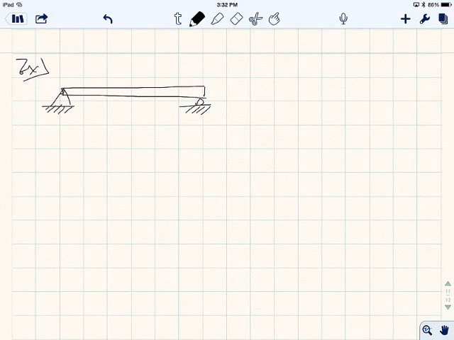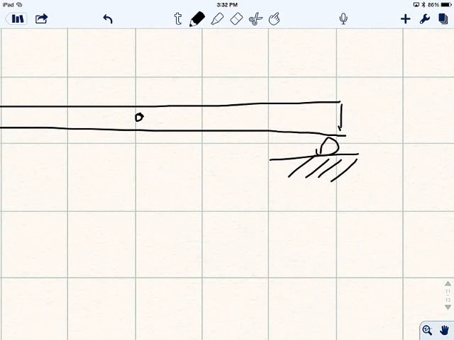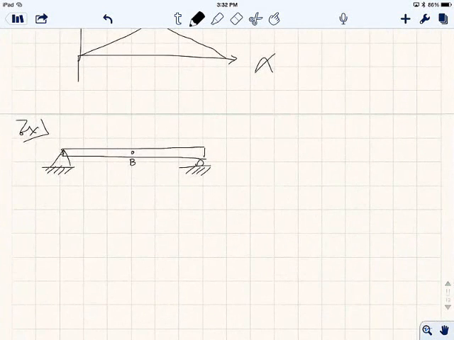Okay, so there's a simply supported beam, and in the middle there's a point. Let's call it point B. From point A to point B, the distance is 5 meters, and from point B to point C is also 5 meters.